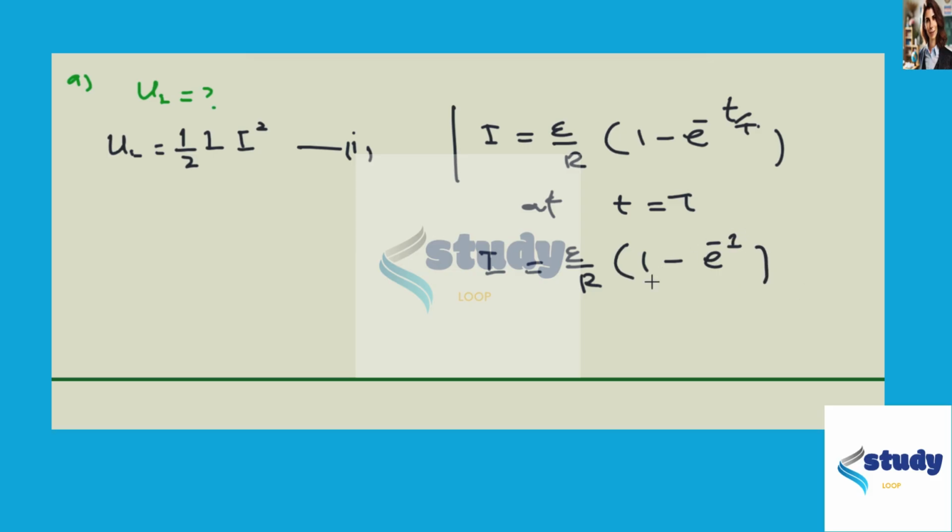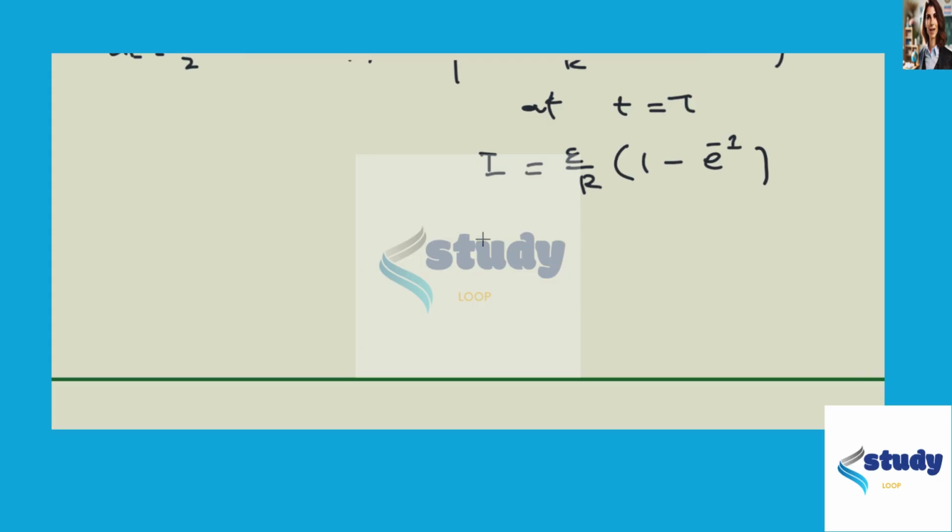By inserting values for E and R, we can write i is equal to 6.00 volt divided by 8.00 ohm into 1 minus e raised to the power minus 1. So this will give us the value for i as 0.474 ampere.